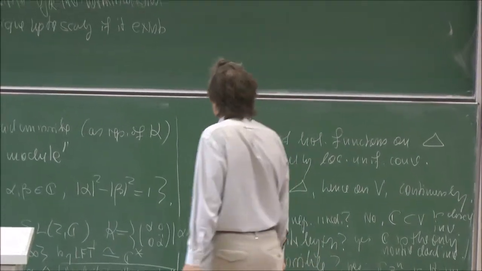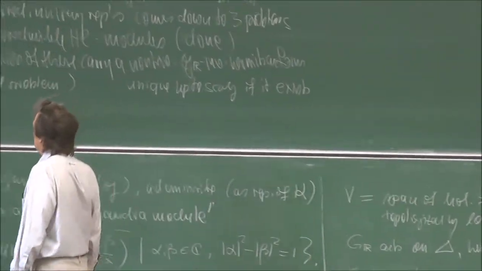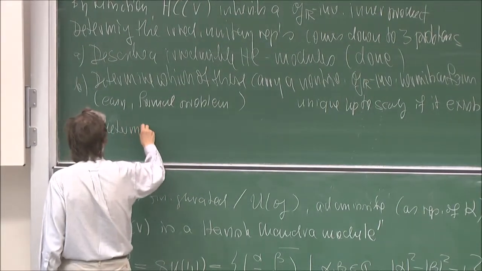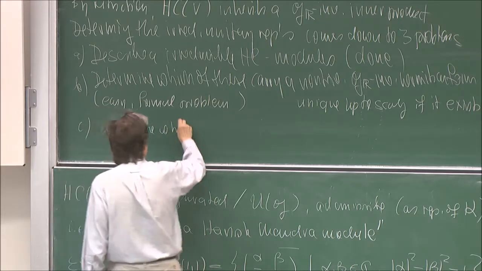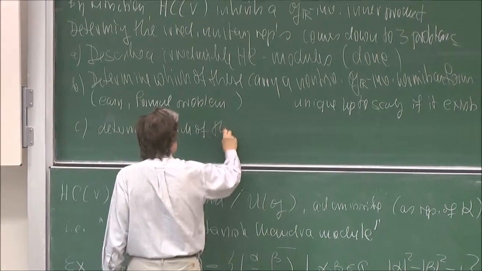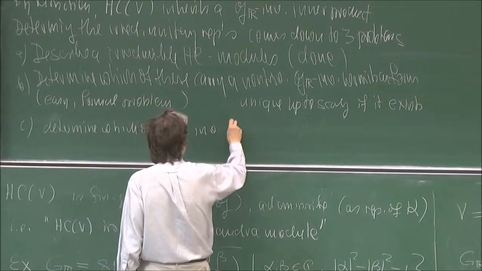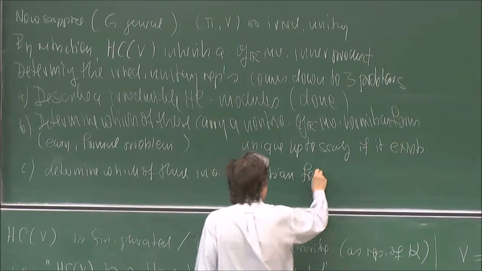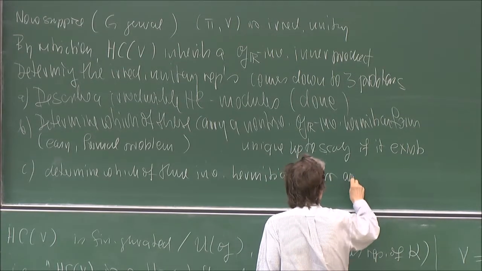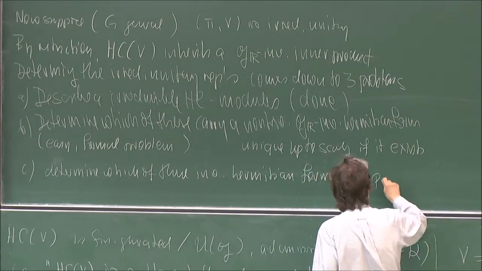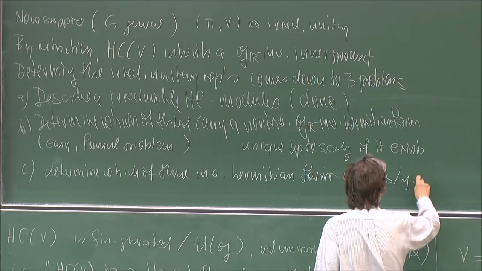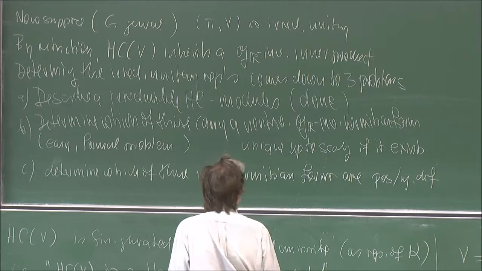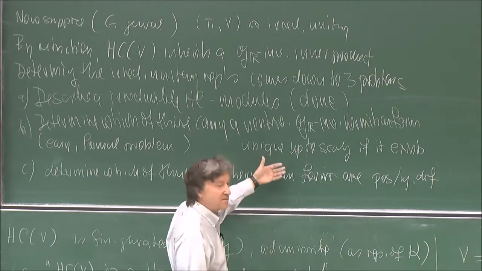So the Hermitian form, when it exists, is unique, and then problem C is to determine which of these invariant Hermitian forms are positive or negative definite. And this is in some sense the crux of the matter.